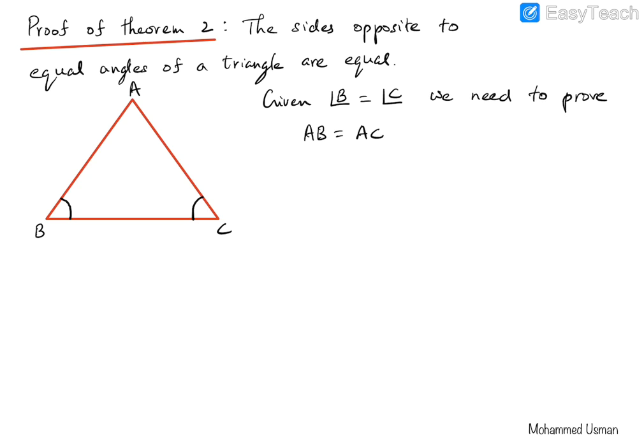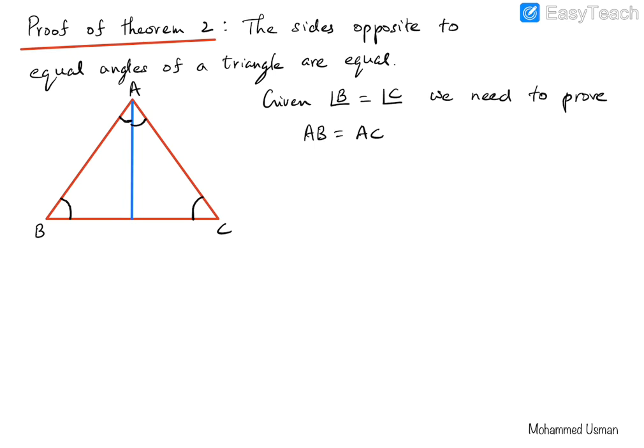To prove this again, like we did before, we will draw a bisector of the angle A. So let's draw a bisector of angle A, just as we did earlier. So that's the bisector of angle A. So that means we are going to have this angle equal to this angle.